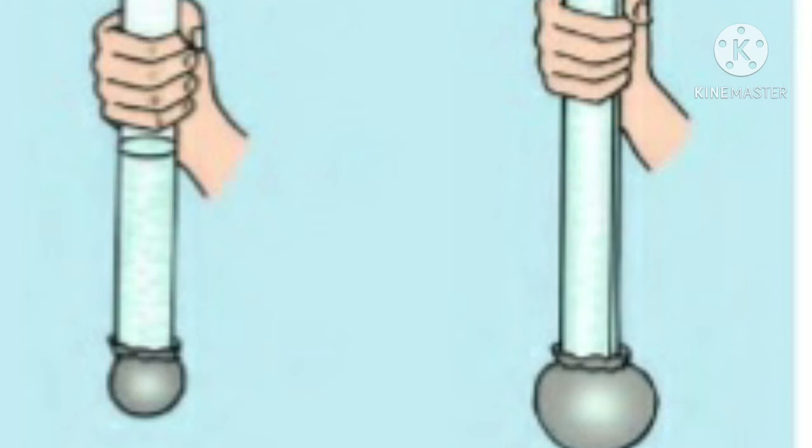In fact, greater the height of water column in the pipe, greater will be the bulge in its rubber sheet bottom. From this activity, children, we conclude that number 1, a liquid exerts pressure on the bottom of its container, and number 2, the pressure exerted by a liquid depends on the height of liquid column.